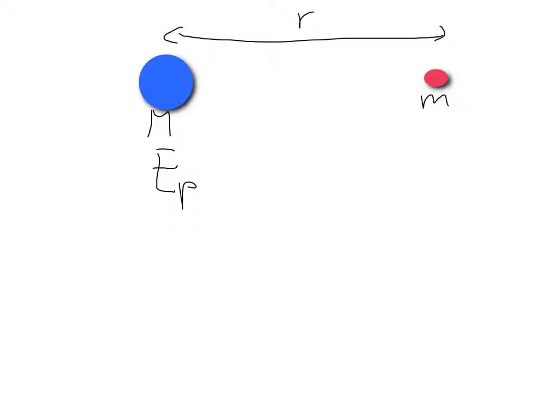Now, hopefully you will remember that the potential energy of two charges was calculated as the area under the curve of the force, but we couldn't do it because you guys don't know how to integrate. But we did arrive at this expression, right? k Q little q divided by r. And remember that the electric field and the gravitational field have almost the same expression. The only difference is that instead of k, we have minus G, instead of Q, we have M, instead of small q, we have small m.